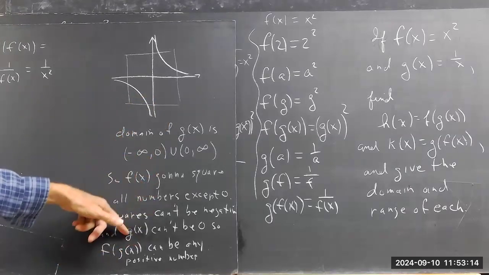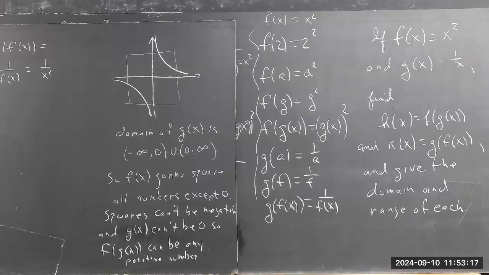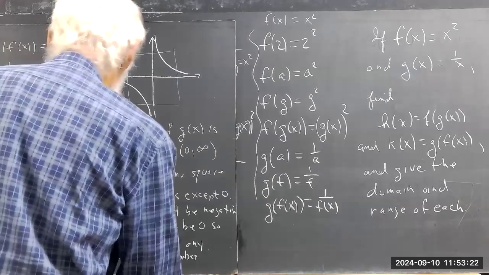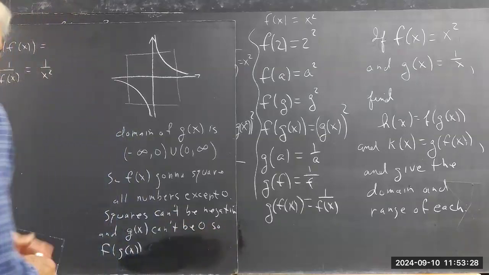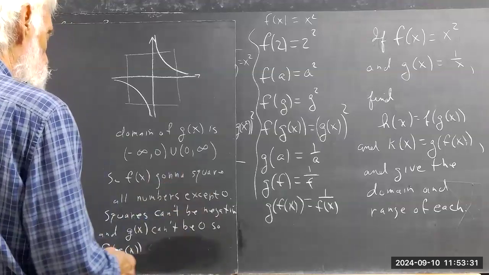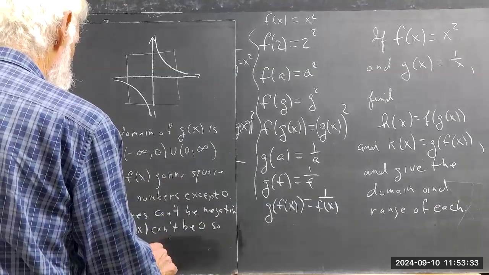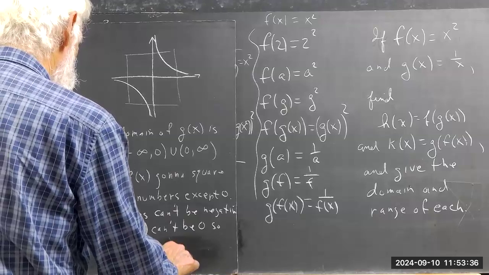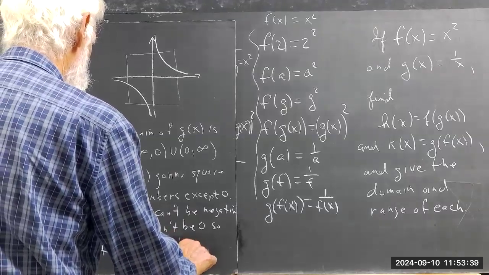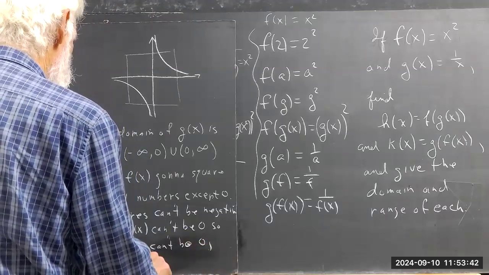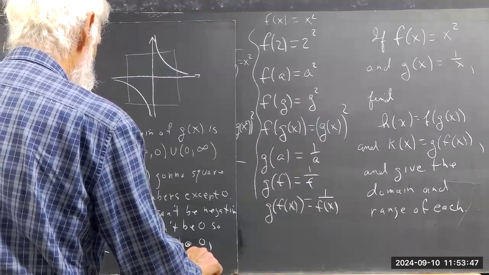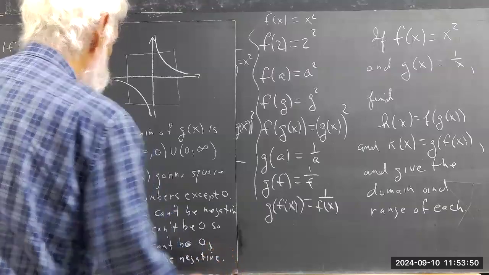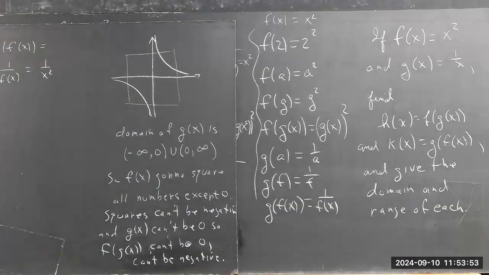So f of g of x can't be zero. And I again need to give you space here, trying to get the space, not succeeding. So f of g of x can't be zero, and can't be negative. Okay.